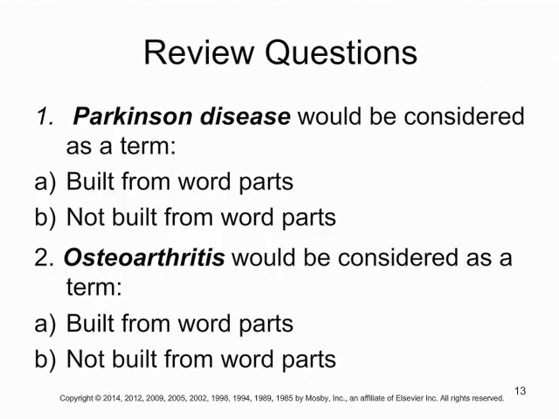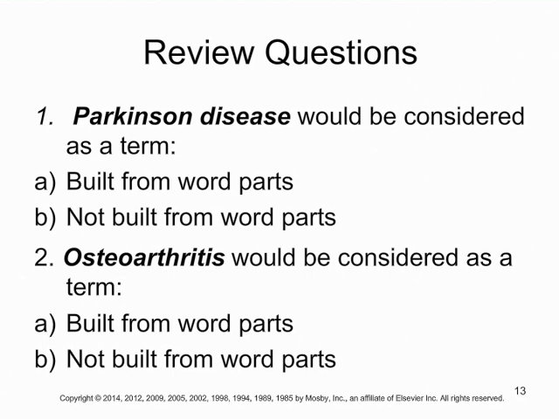Here's a few more review questions. For example, Parkinson's disease is a term that you should think B, is not built from word parts. This is an example of an eponym based on the person who first described or discovered the disease. Whereas number 2, osteoarthritis, is built from word parts.